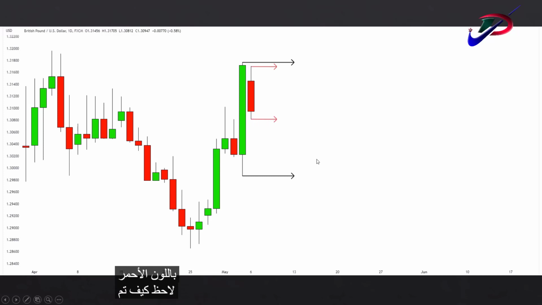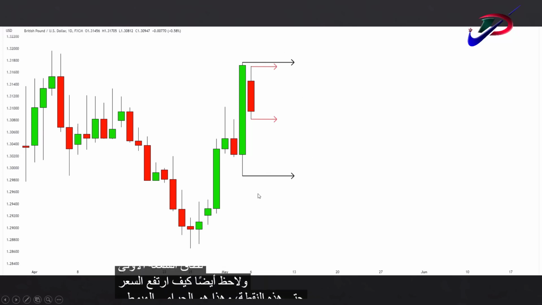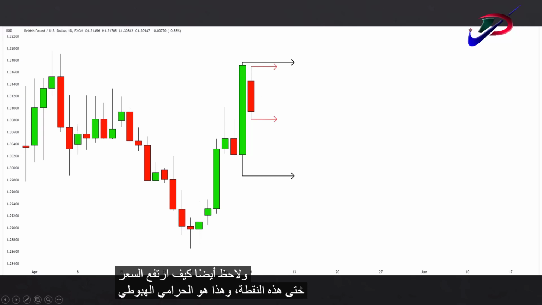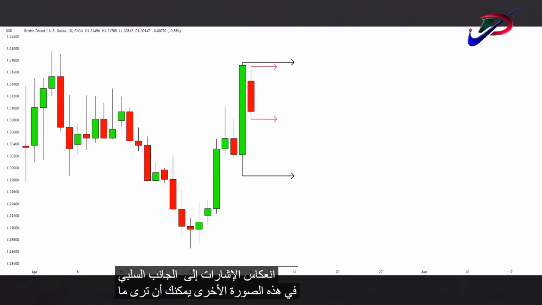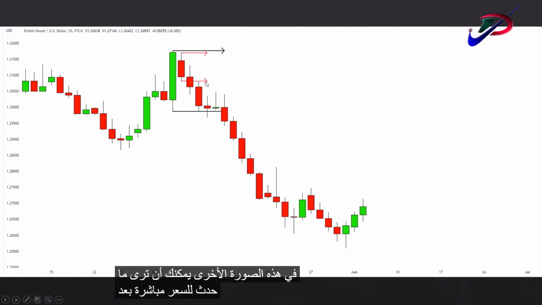Notice how the range of the second candle is completely contained inside the range of the first one. Notice also how price has been rising up to this point. This is a bearish harami or a bearish inside candle that signals a reversal to the downside. In this other image, you can see what happened with price right after the bearish harami pattern. It went straight to the downside just like the pattern anticipated.